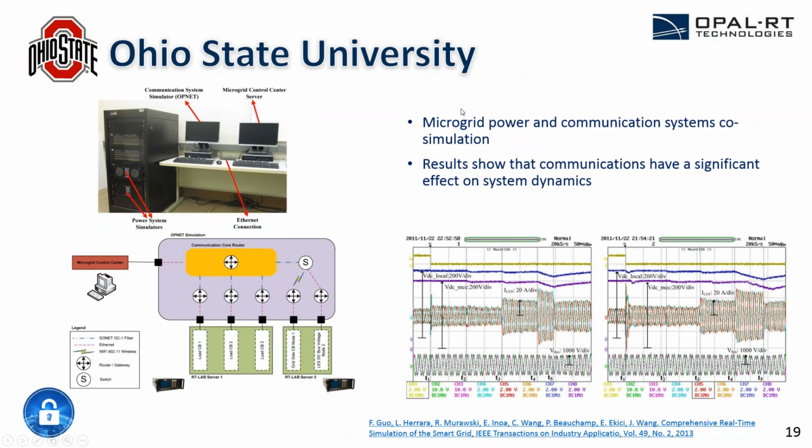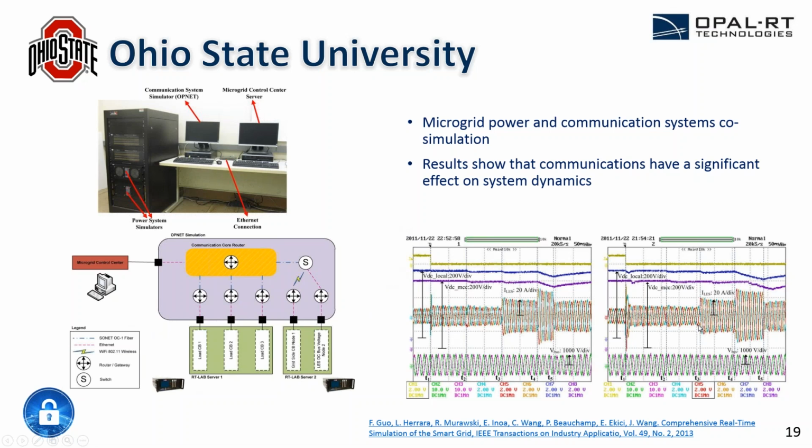And along the same lines, we have Ohio State University, who have a similar setup with a simulator. They have a communication system network simulator using OPNET as well. In their case, they're simulating microgrids, so they have a control server. What they've done is essentially they've modeled their microgrid using the simulators, and their controller has been tested using a scenario where communication network simulation has not been introduced, which is this one.